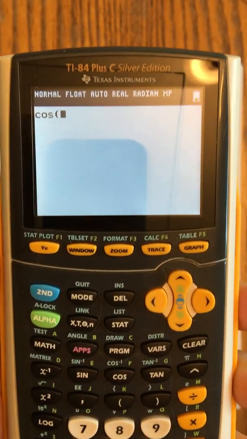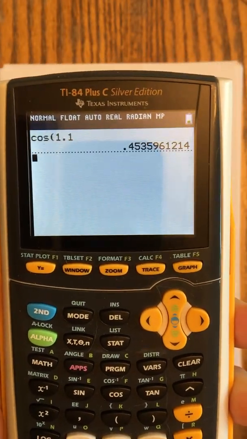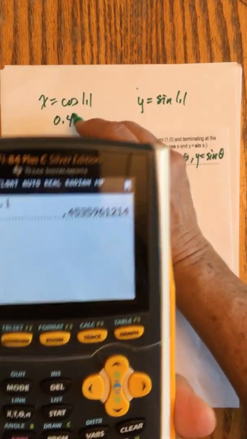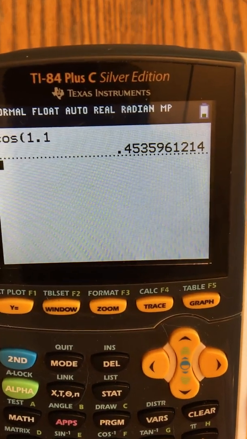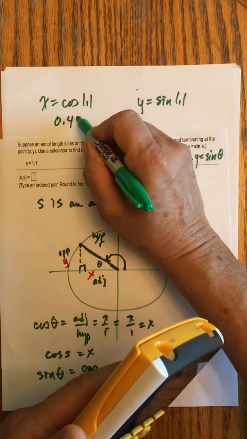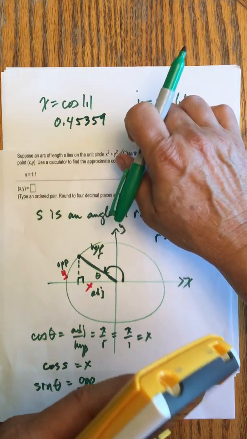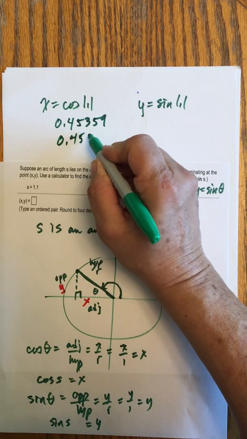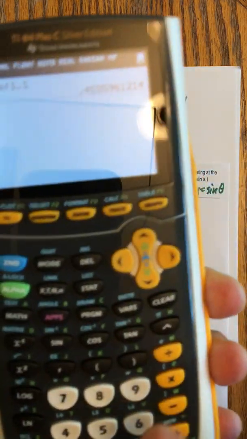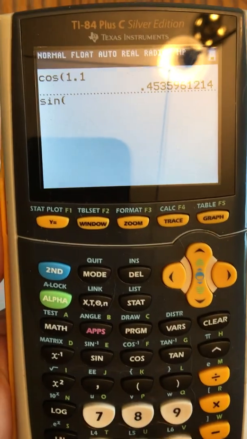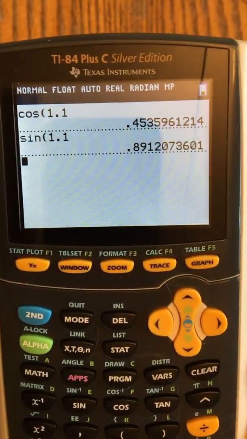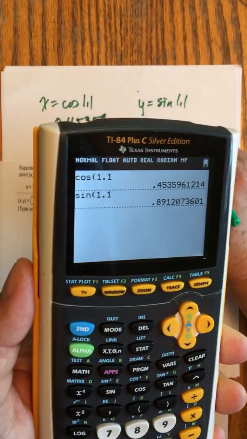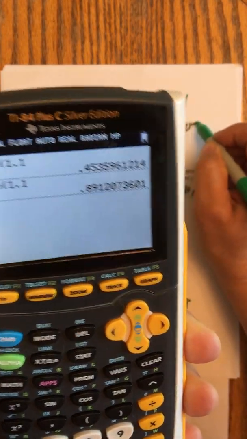I'm in radian mode, so now I can just say here, cosine of 1.1. So cosine of 1.1 radians is 0.45359. And I go to that because they said go to the fourth decimal place, so that's 0.4536. And now let's do the same thing for sine. Sine of 1.1 is 0.891207.